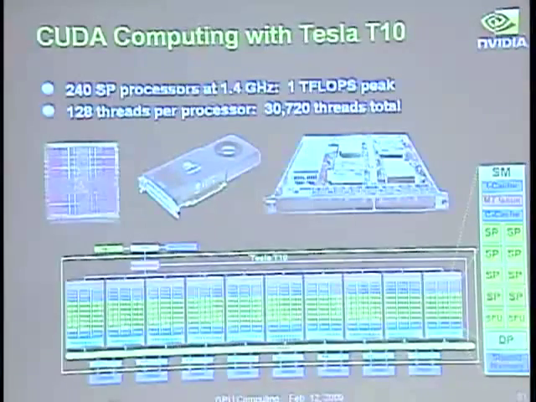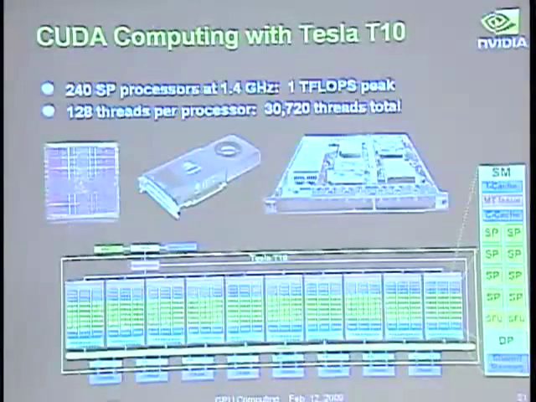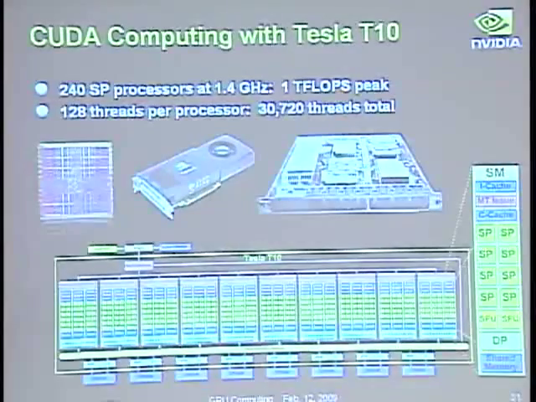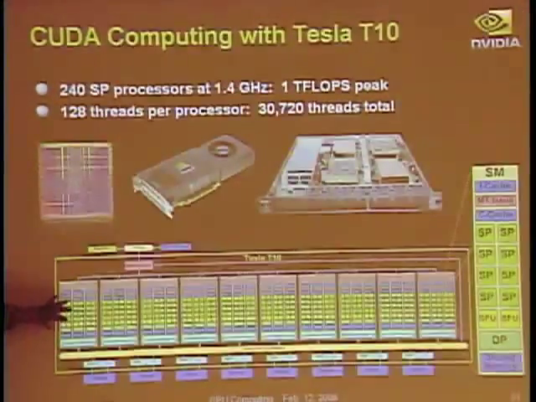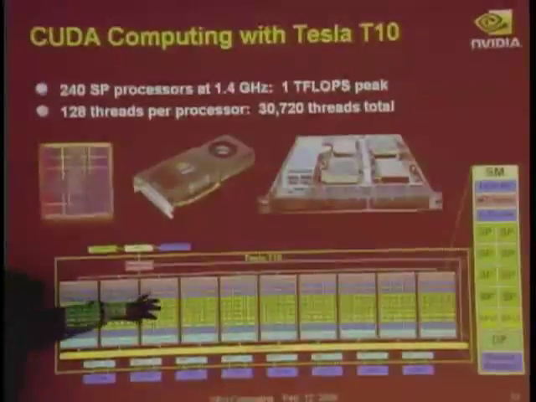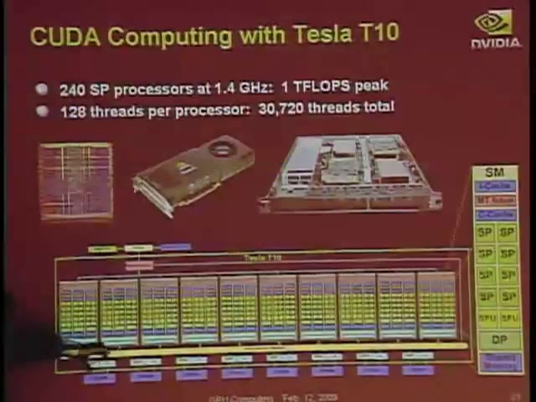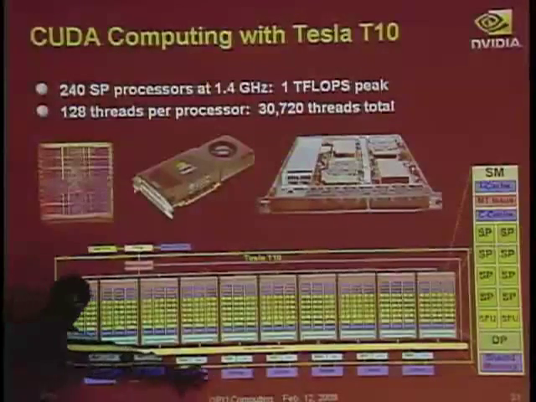Okay, so let's go look inside of a GPU. So here's a Tesla T10 or a GTX GeForce 280. It's this collection of processors and an interconnection network and a set of memory interfaces.